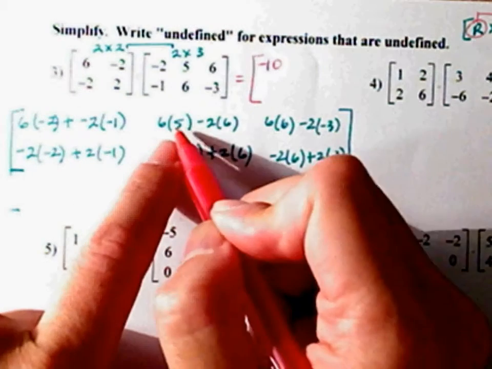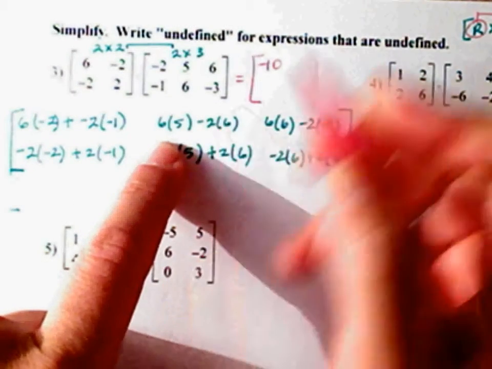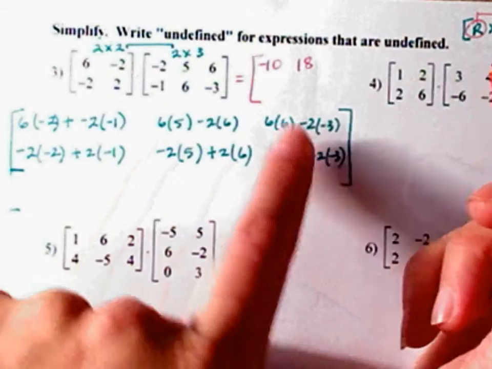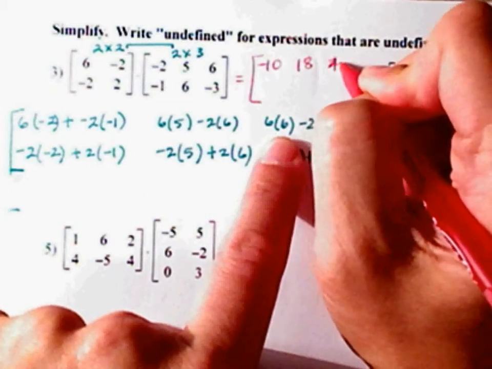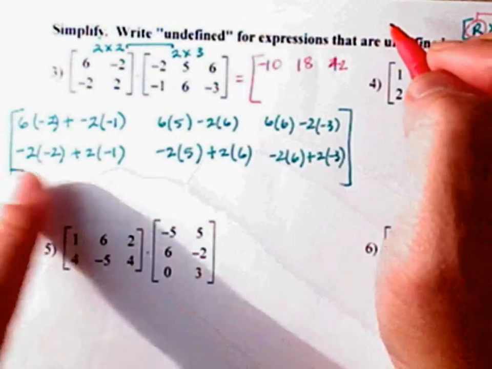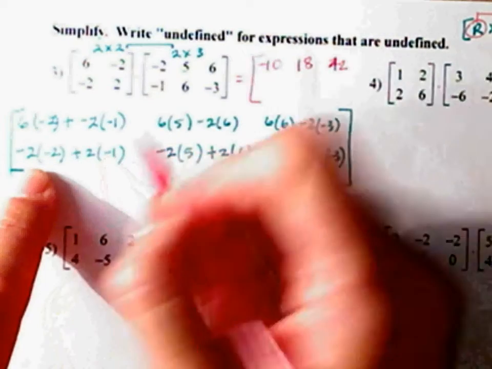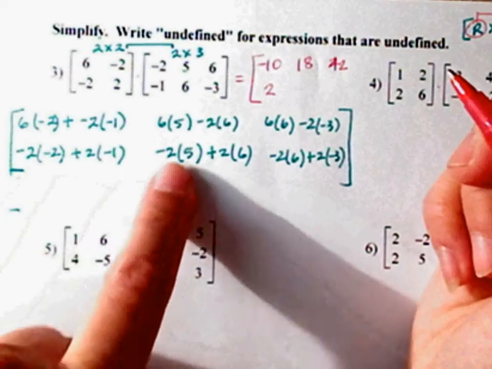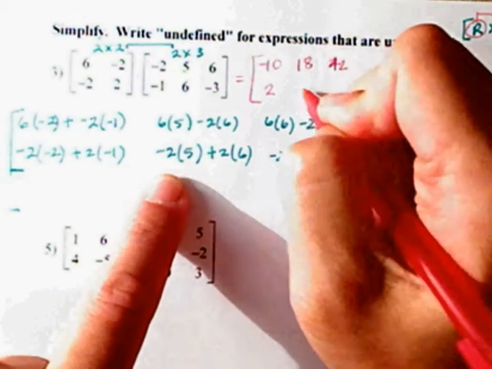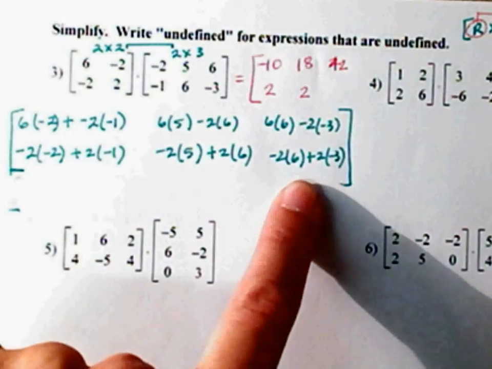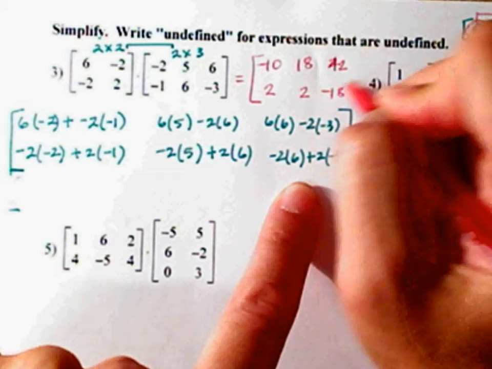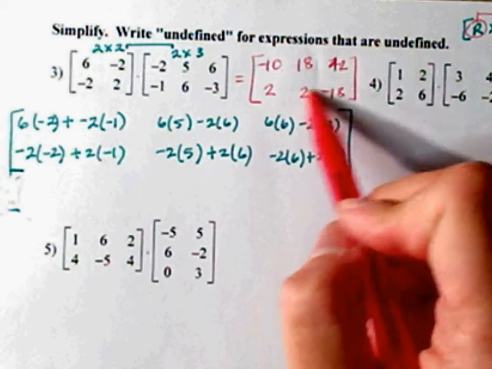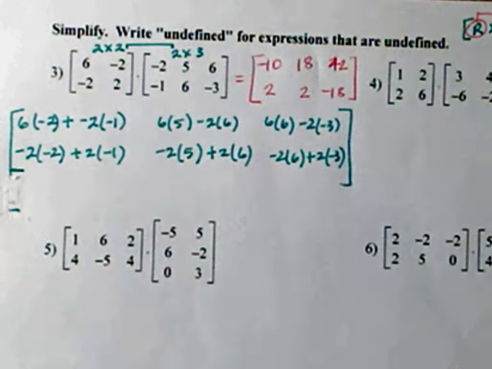Next one, 30 minus 12 is 18. 36 plus 6 is 42. Okay. 4 minus 2 is 2. Negative 10 plus 12 is 2. Negative 12 minus 6 is negative 18. And there's your solution in red. And this is my work.